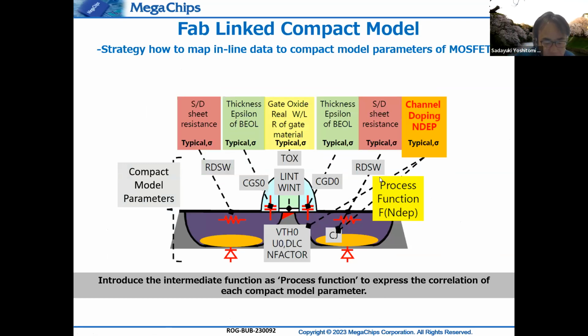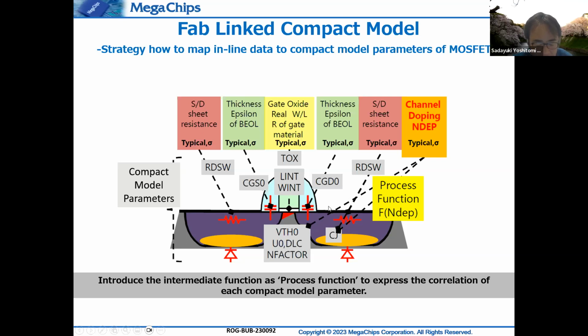This figure shows how BSIM4 parameters can be mapped to the items stored in the big data set. Some parameters such as TOX, RDSW (source drain sheet resistance), and XJ (junction depth), which represent the physical structure of the MOSFET, can be directly mapped to the median and sigma of the big data set. It's no problem.